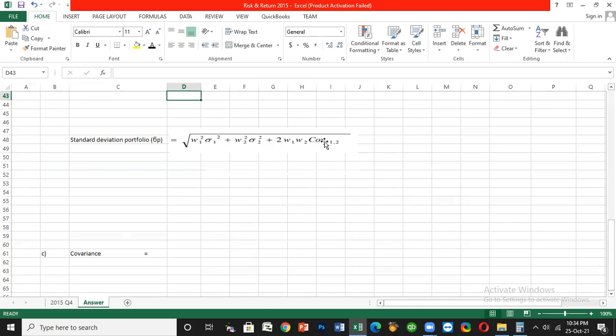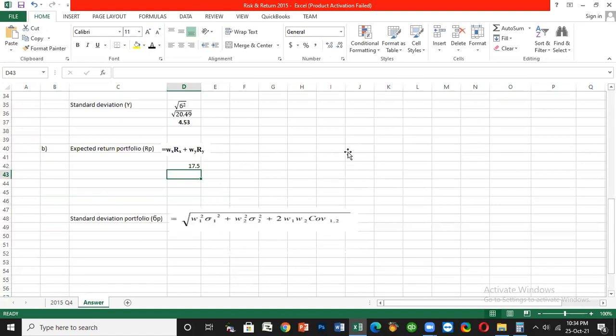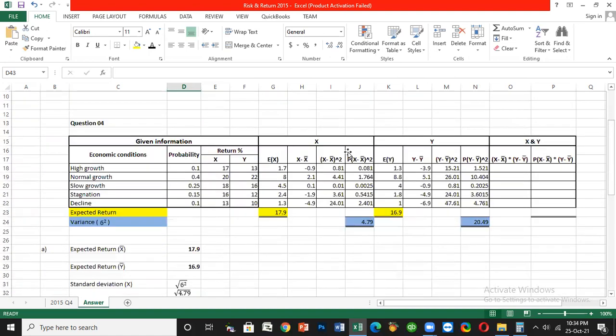Then we want to calculate the covariance of X and Y. Let's see how to calculate the covariance of X and Y. For the covariance calculation, you want to follow two steps. First one is (x minus x bar) multiplied by (y minus y bar).